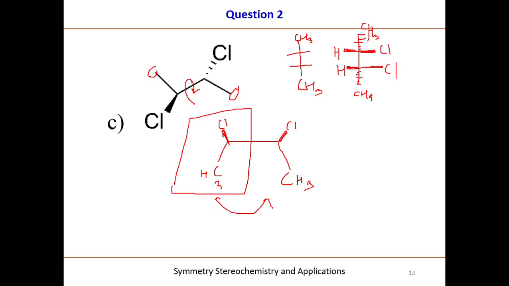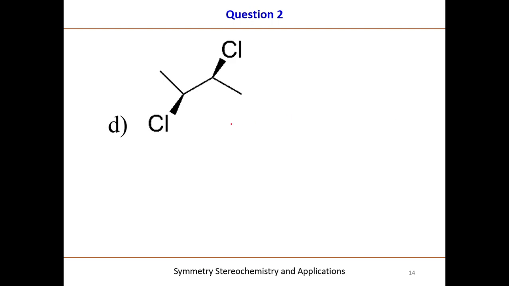That means we are getting the indistinguishable mirror image by passing the plane of symmetry. So plane of symmetry is present, and because a plane is present, the molecule will become achiral. This molecule is achiral because plane of symmetry is present. You can pass the plane here also. You can see, right? So this is the achiral.